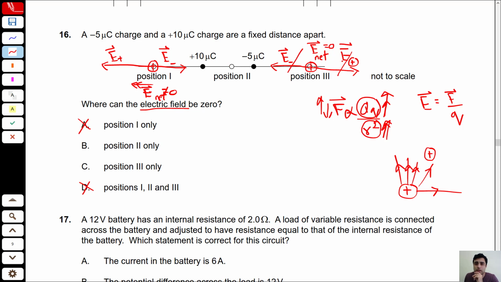So there's a high chance that the magnitude of the electric field strength due to this positive charge becomes equal to that of the negative charge, and they cancel each other out because they act in opposite directions, giving a net electric field strength of 0. So position 3 is the most likely position where the net electric field could be 0. So part C is the answer.